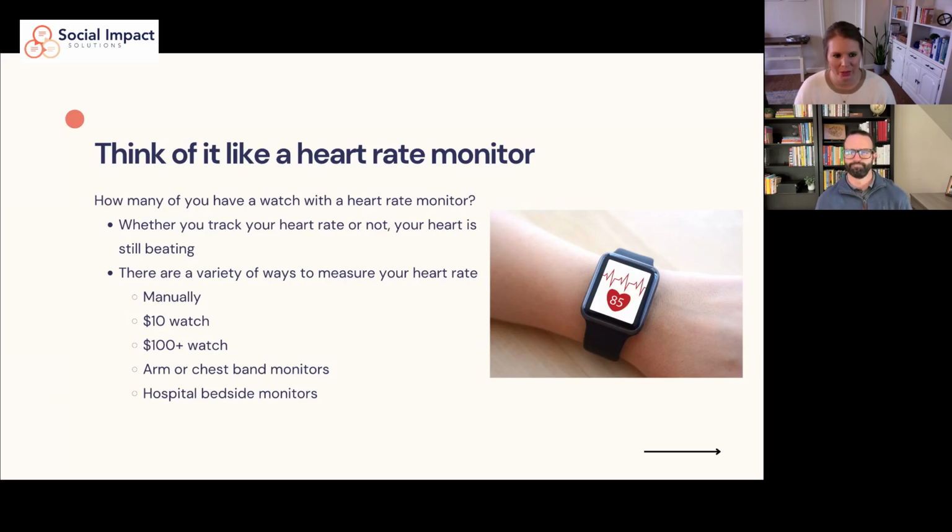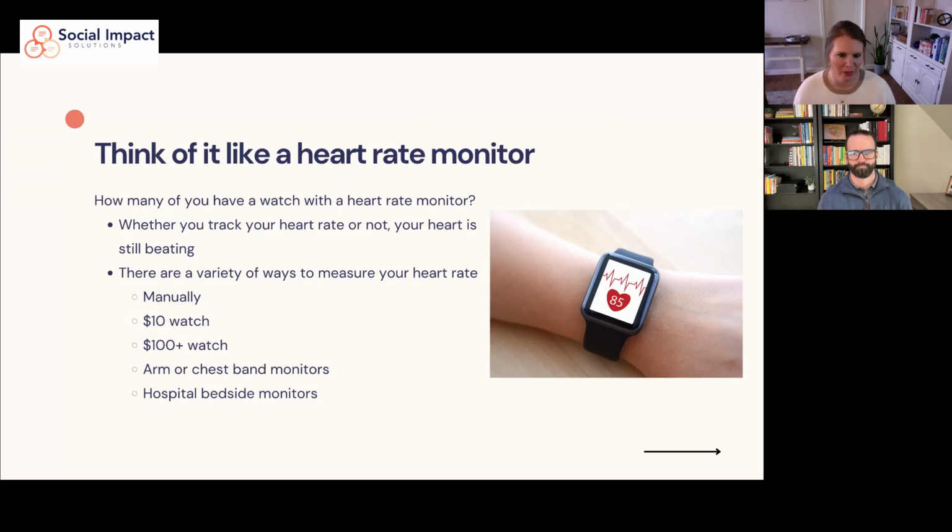Yeah, I actually think you're the one that came up with this analogy, John Mark, and I was like, that's really great, or at least I think it's great. Just like all of us that are here, you, John Mark, myself, and anyone that's listening or viewing this video, we all have a heart rate, obviously, and that's a good thing. But how many of you have a heart rate monitor or a watch that measures your heart rate?